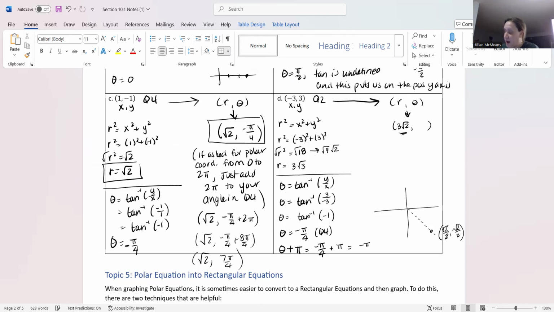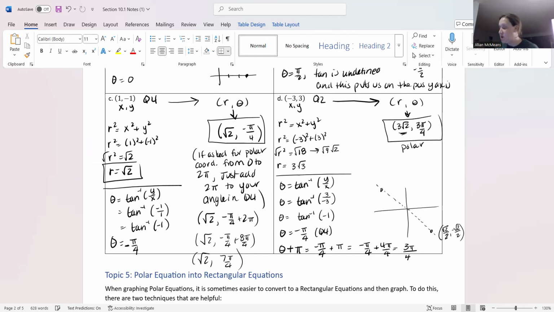So that's going to be negative pi over 4 plus 4 pi over 4. So we're going to get 3 pi over 4. And if we think about where 3 pi over 4 is, that's right over here. So that's perfect. We're going to use 3 pi over 4. And that allows us to keep our r positive. Everything's copacetic. This is our polar point here.